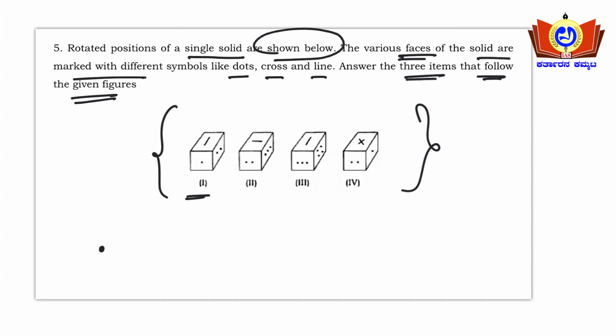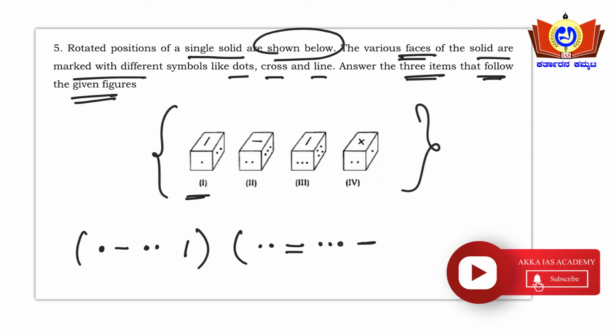So dot is adjacent to two dots and also line here. Okay, yes or no? And in the second figure, two dots is in the front face and it is adjacent to three dots and horizontal line here. Okay, so this will be equal here. Okay, adjacent figure.